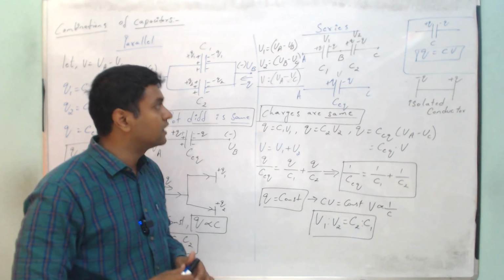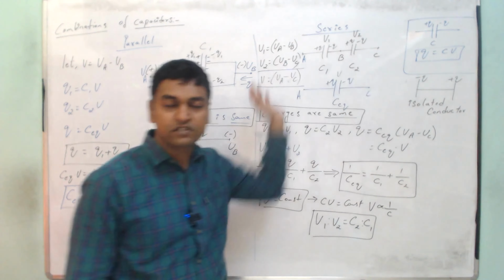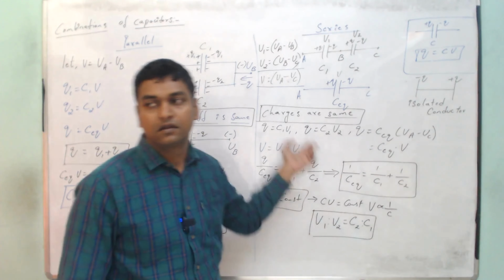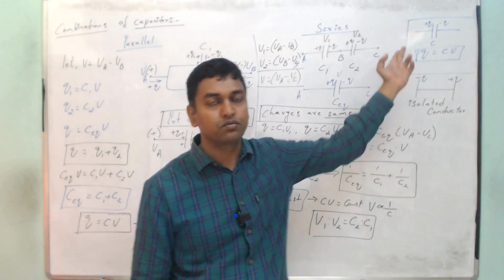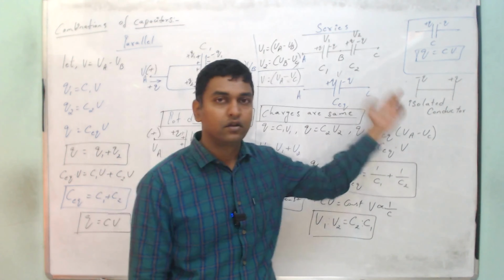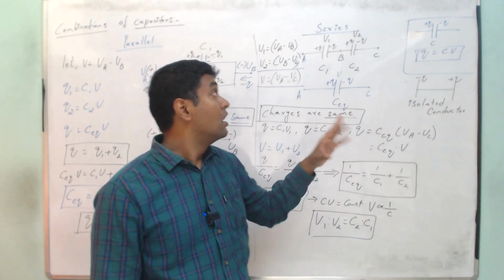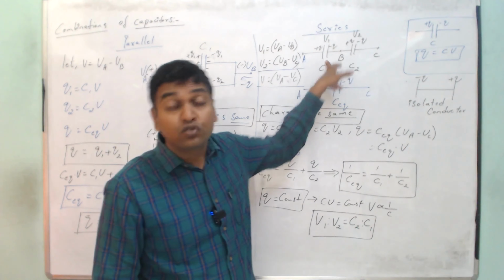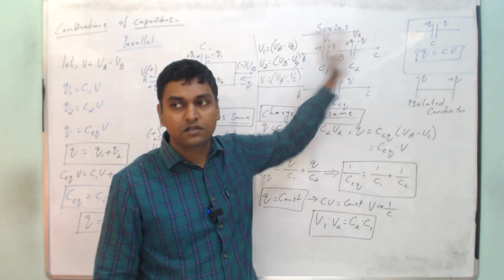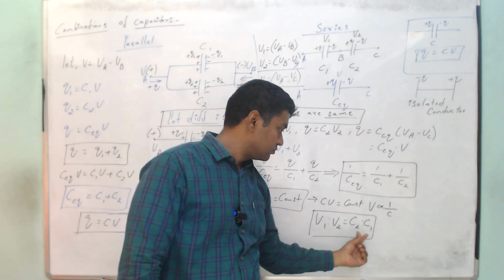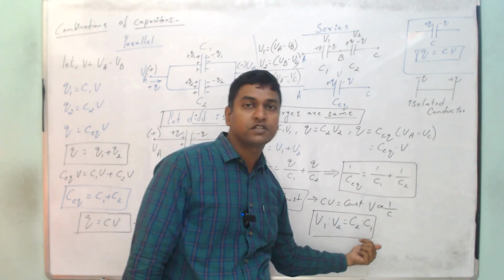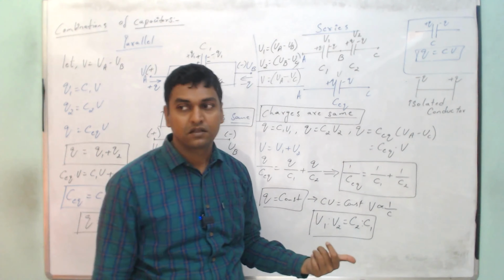I gave 5 volts across A and C, potential total. Capacitance I gave ratio 2 to 3. This is 2, that is 3. But according to my ratio, potential ratio will reverse.